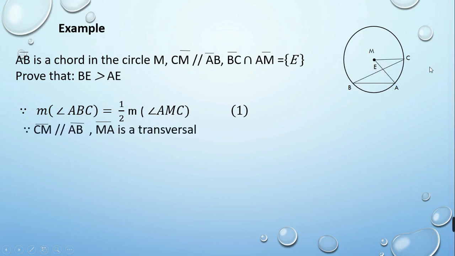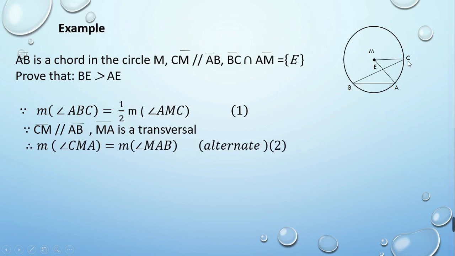And since CM is parallel to AB and MA is a transversal, therefore the measure of the angle CMA equals the measure of the angle MAB, these are alternate angles. So this angle equals that, and this angle is half this. So angle B is half angle A. From 1 and 2, the measure of angle MAB is twice the measure of the angle ABC.